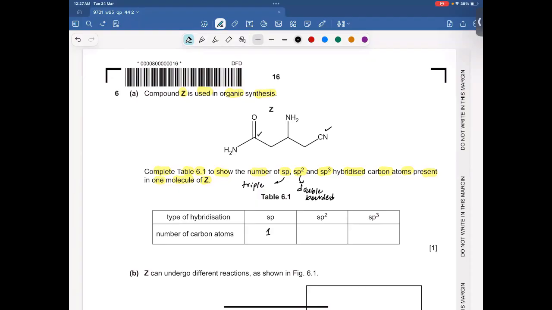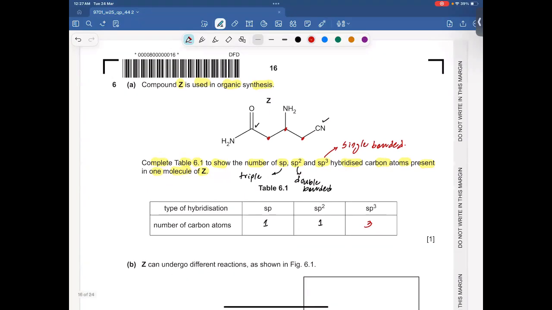So this is going to be a double bonded carbon atom, so we have one sp2 hybridization. This is sp3, sp3, sp3. So there are three sp3 hybridized carbons because they are single bonded carbon atoms. Okay.